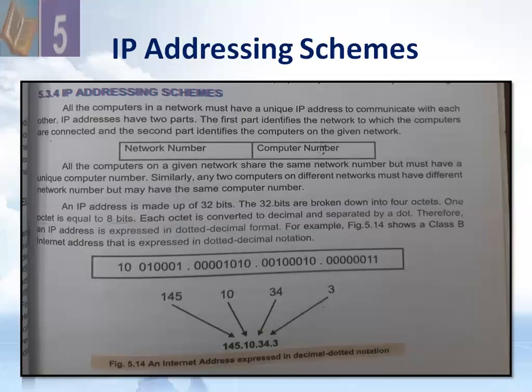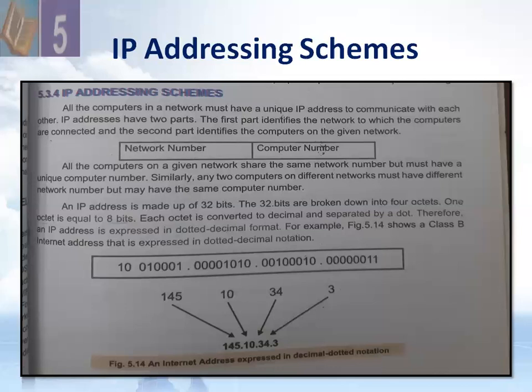It means that on one network, each computer should have its own number, like computer 2, 3, 4. On a different network number, the computer numbers can be the same. So you can differentiate between two similar computers on different networks, which must have different network numbers but may have the same computer number.